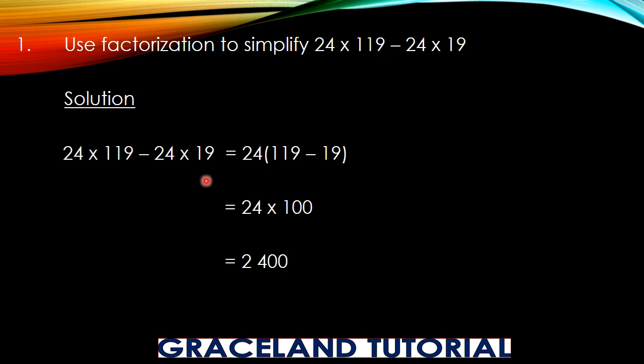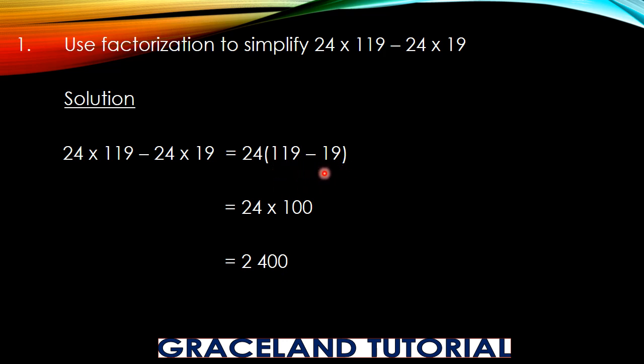Now, what happens? 24 cancels 24, and then we are left with 19. So, this is equal to 24 into 119 minus 19.